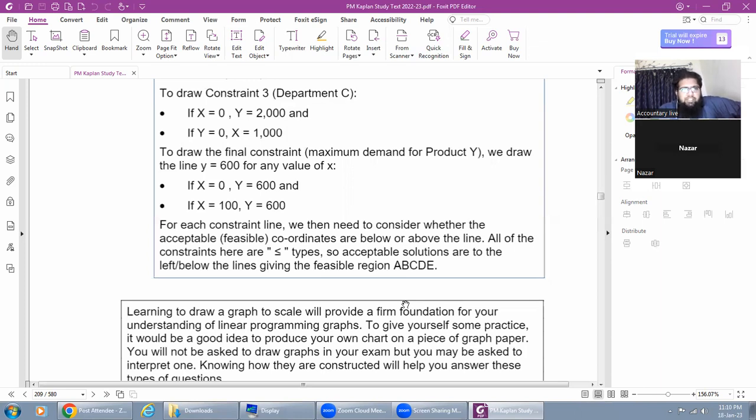For each constraint line we then need to consider whether the acceptable feasible coordinates are below or above the line. All of the constraints are less than or equal to, so acceptable solutions lie below the line, giving the feasible region A, B, C, D, E.